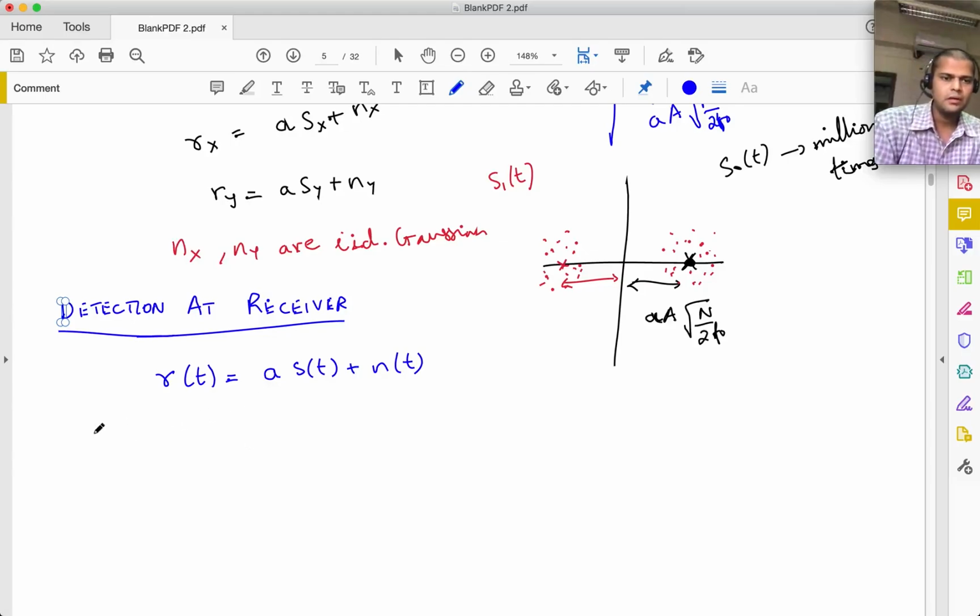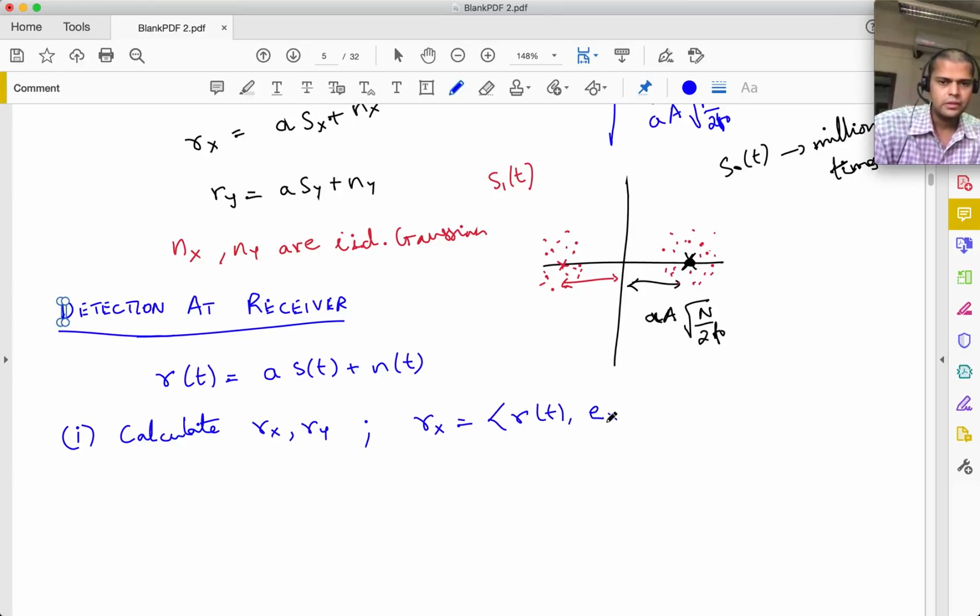First of all, it is going to calculate Rx and Ry. We know the formula for that. Rx is just the dot product of R of t with Ex, and Ry is the dot product with Ey.